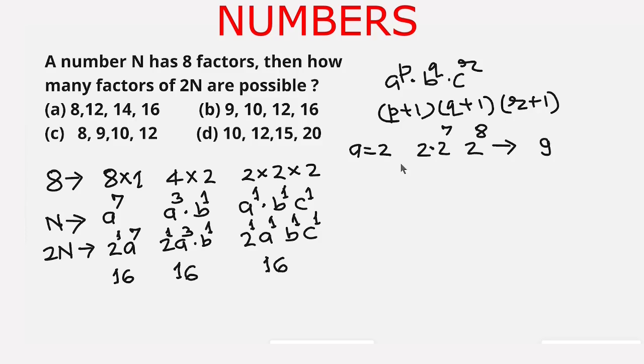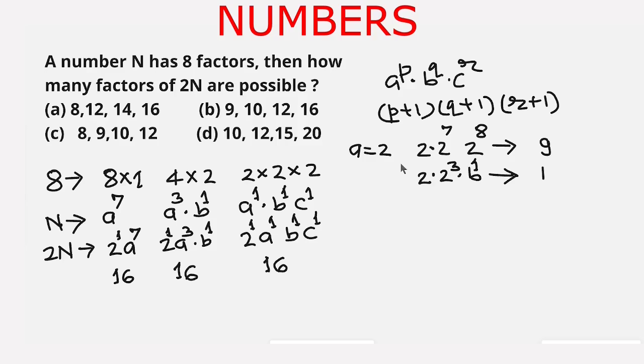Also, when it is 2 to the power 1, a to the power 3 and b to the power 1, then it will be 2 into a to the power 3, is 2 to the power 3, and b to the power 1. Then number of factors will be, 2 into 2 to the power 3 will be 2 to the power 4 and b to the power 1. Then 4 plus 1 is 5 and 1 plus 1 is 2 and 5 times 2 is 10.